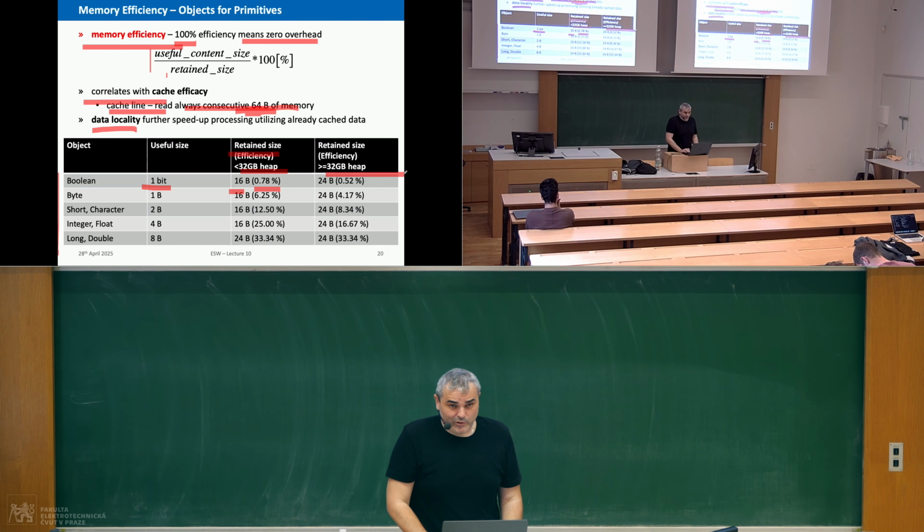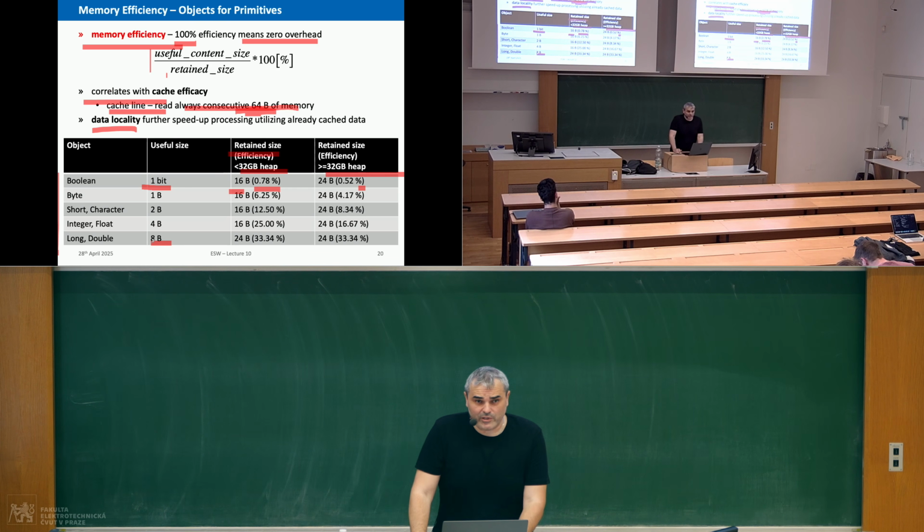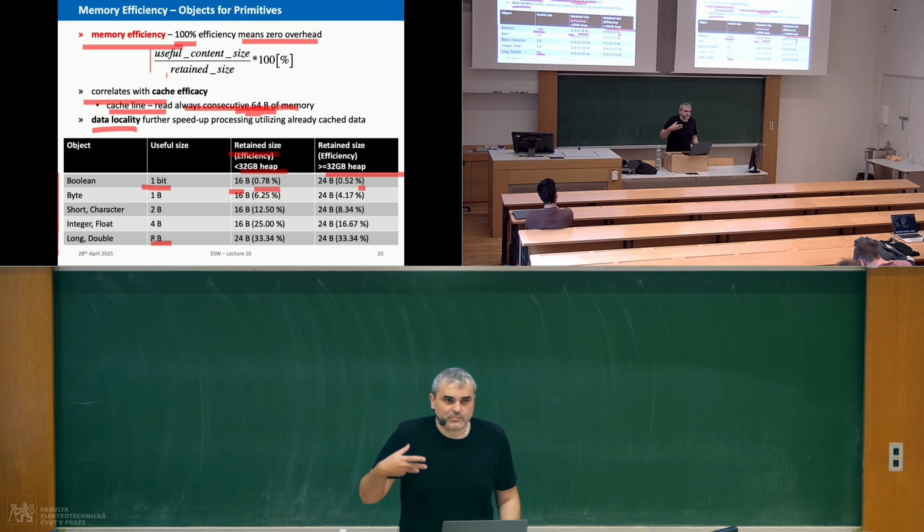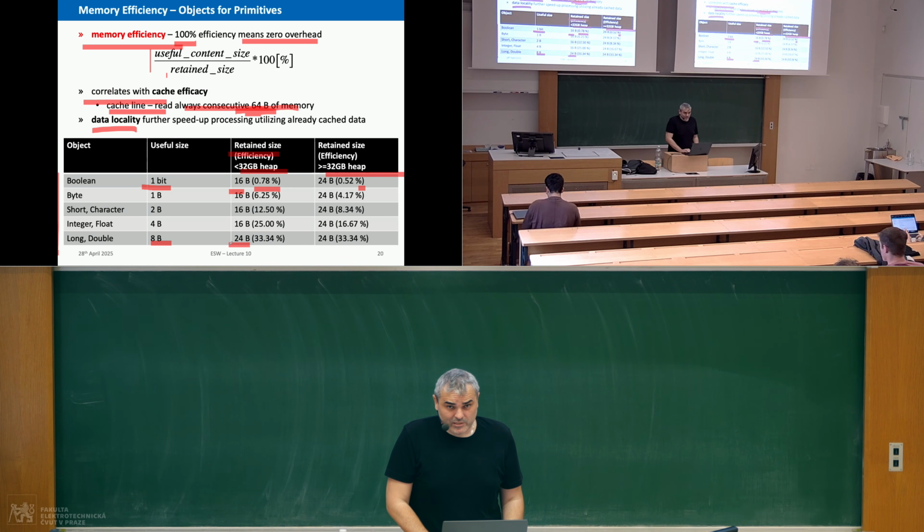It's even worse for larger heaps, around 0.5% only. It's getting better and better up to long or double, where you simply have data of 8 bytes only, but the retained size is 24 bytes in both cases, so it's 1/3 efficiency in this case. So still very inefficient if you use object-based representation of standard numbers.